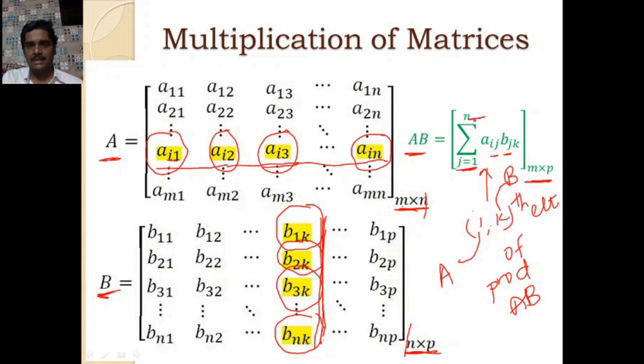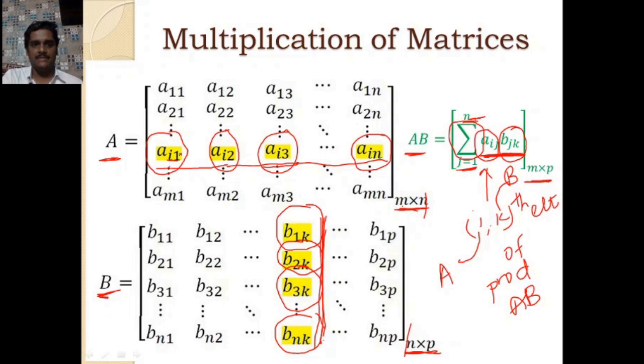And what is happening between those elements? Those elements are multiplying. So you all can see there is a multiplication happening in those two elements. And what after multiplying the elements? The terms which we are getting after multiplication, that we add. So there is a summation sign.